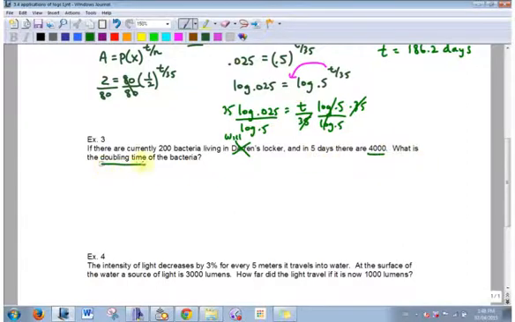What's the doubling time? So, I want to use this again. Doubling means x is a 2. And I got 200 to start with, and then there's 4,000.